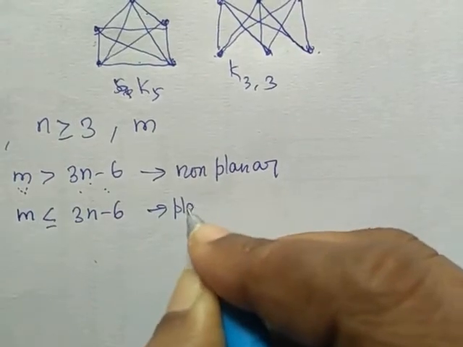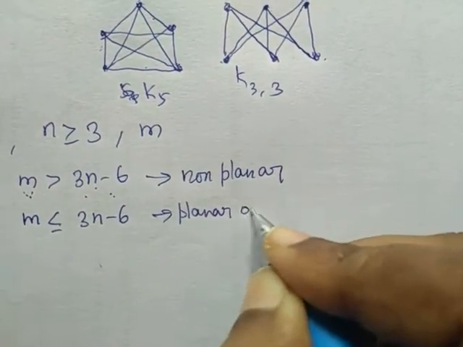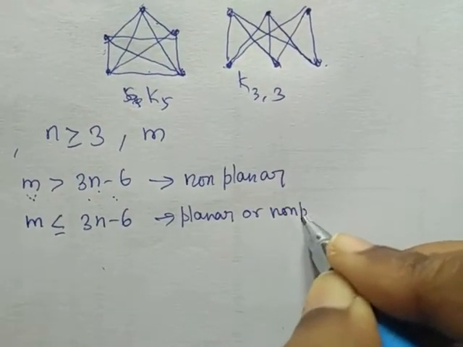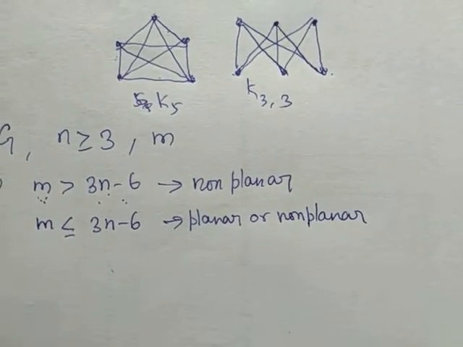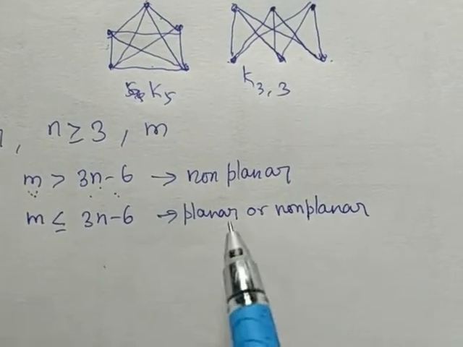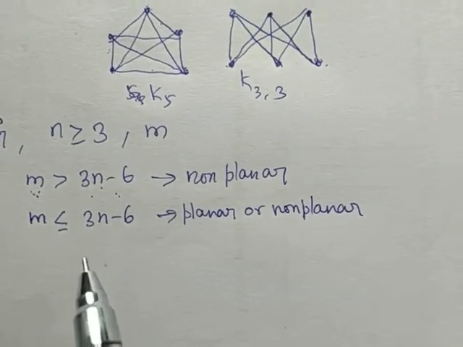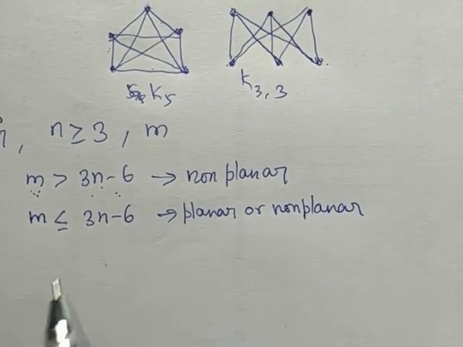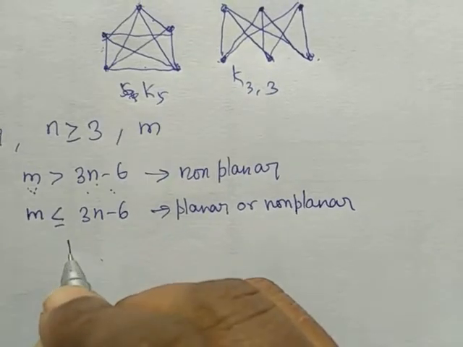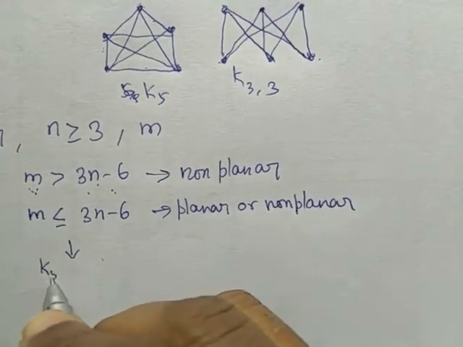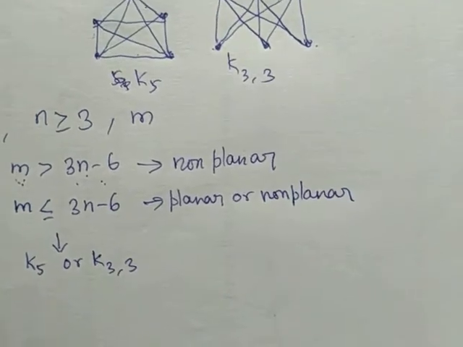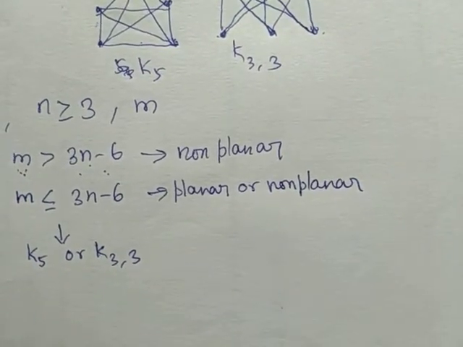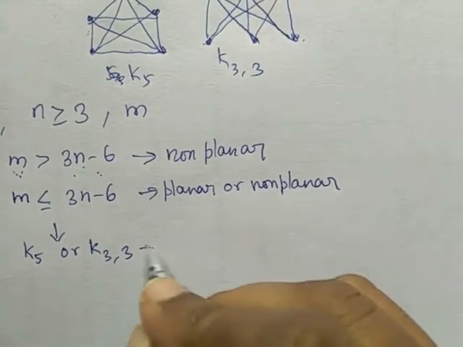It need not always be planar. So how do we check in this case? We will show that it has K5 or K3,3 as a subgraph or subdivision in the case of non-planar.